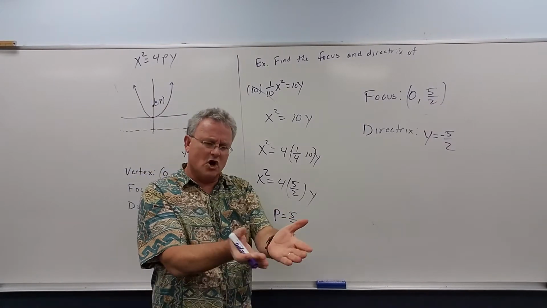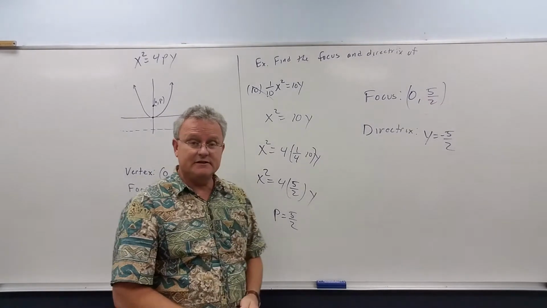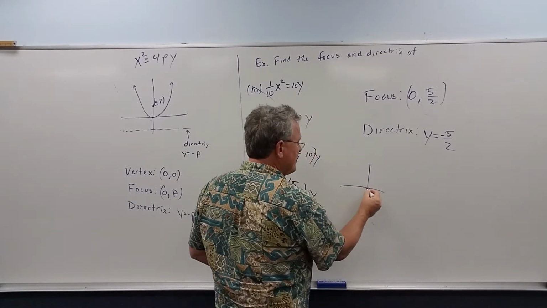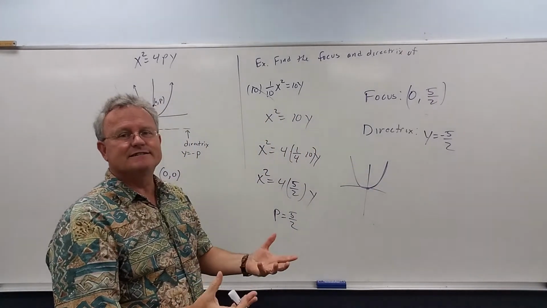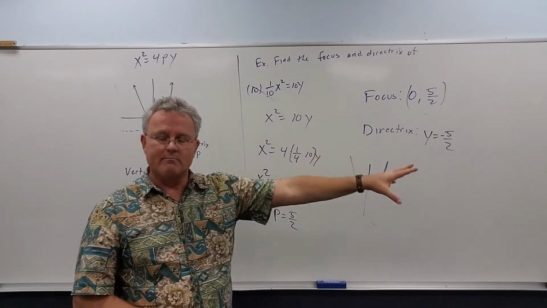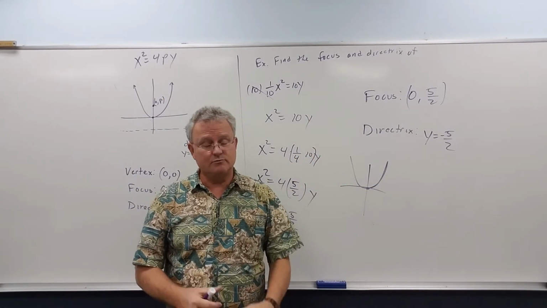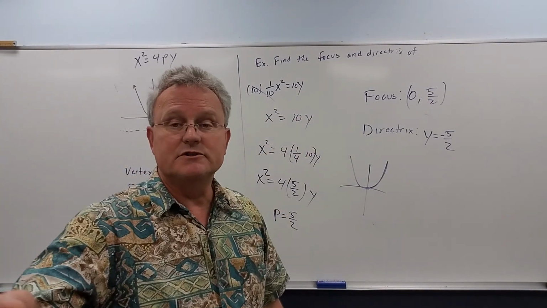We know it's going to open upward because p is positive, so the vertex is at the origin, and then we could get a more exact graph by going back to the techniques we learned in another section where we graph quadratic functions. But here's the focus and directrix.